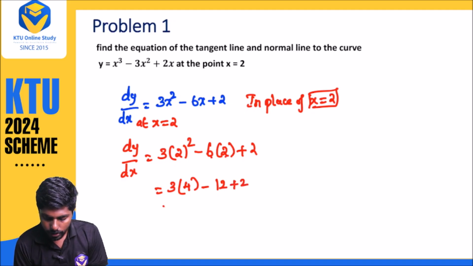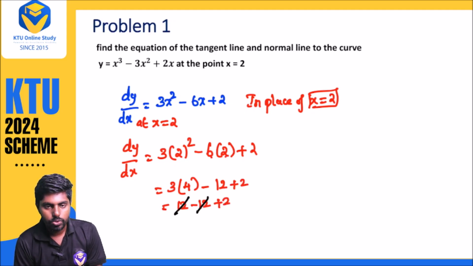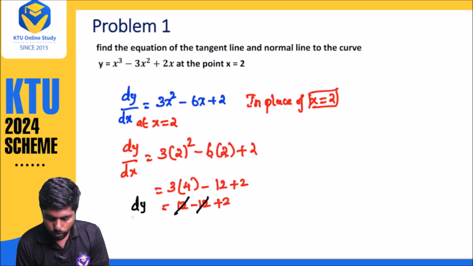So 12 minus 12 plus 2. Therefore dy by dx is equal to 2.